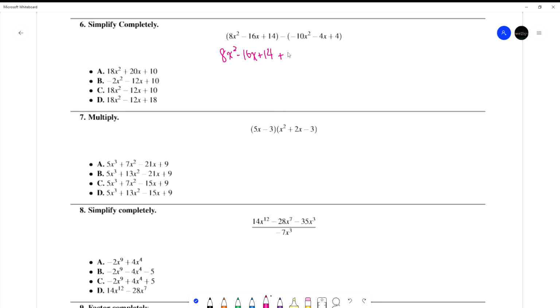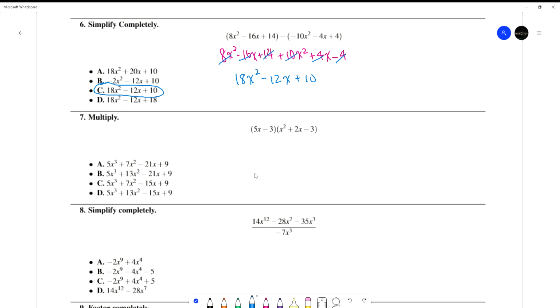So you get plus 10x squared plus 4x minus 4. And then we can combine the like terms, right? So we have 8x squared plus 10x squared is 18x squared. Negative 16x plus 4x, that's negative 12x. 14 minus 4 is plus 10. And we see that it is answer choice C.